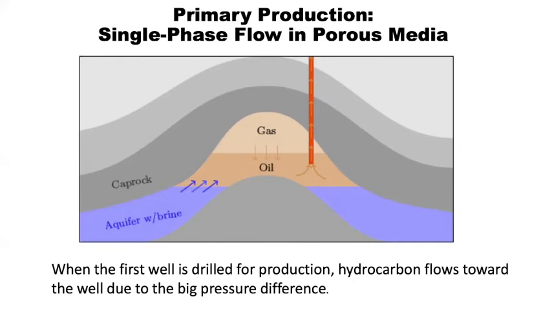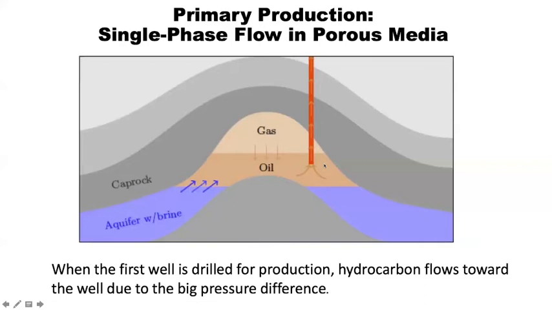So for the primary production, as you know, it is just once we drill and open the production well, oil comes out. Why? Because of the huge difference between the pressure inside the reservoir and the outside atmospheric one. As you can see here, this is just a schematic diagram showing a reservoir.